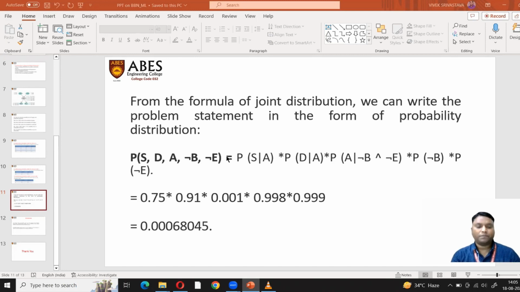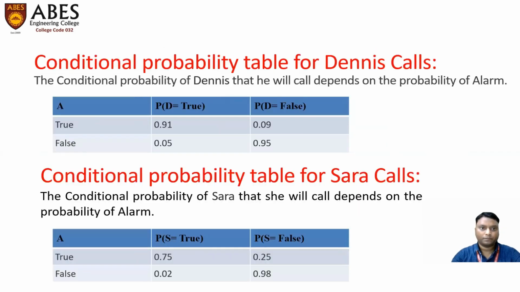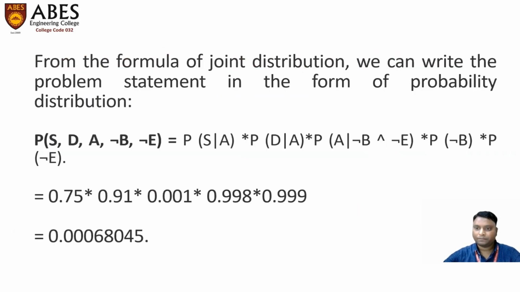Probability of S, D, A, not B and not E. So this statement says that Sarah calls, Dennis calls, alarm starts ringing, but burglary and earthquake don't happen. So we can solve this type of problem by considering the values of the observed values.